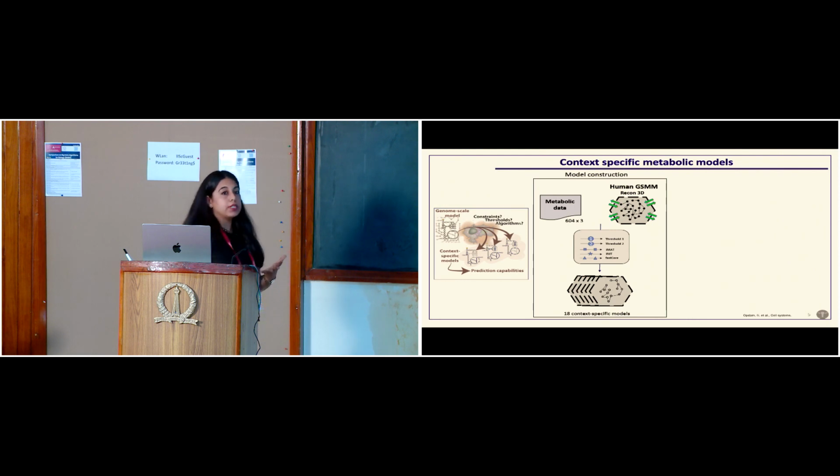We do not use an objective function. Now, what does an objective function mean here? These genome scale metabolic models, in a mathematical setting, have infinite solutions, so we cannot have a unique solution to this. Therefore, we need an objective function to get a solution.